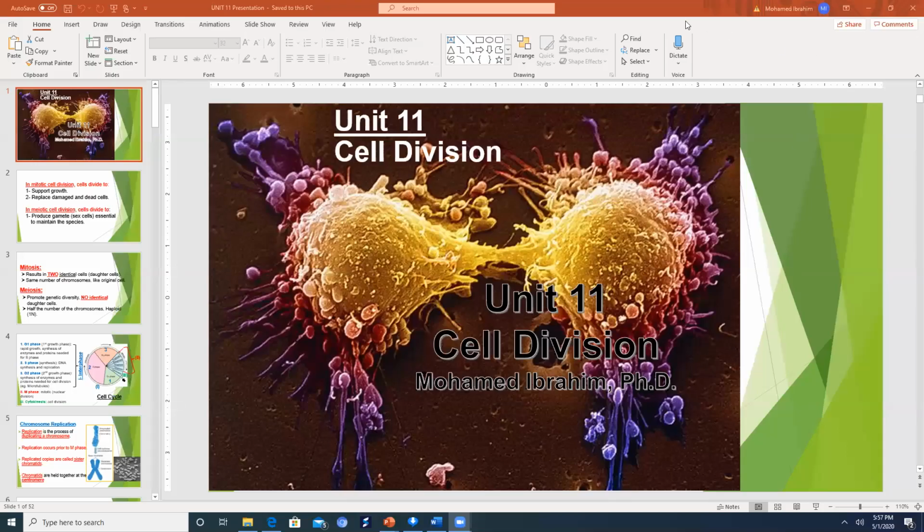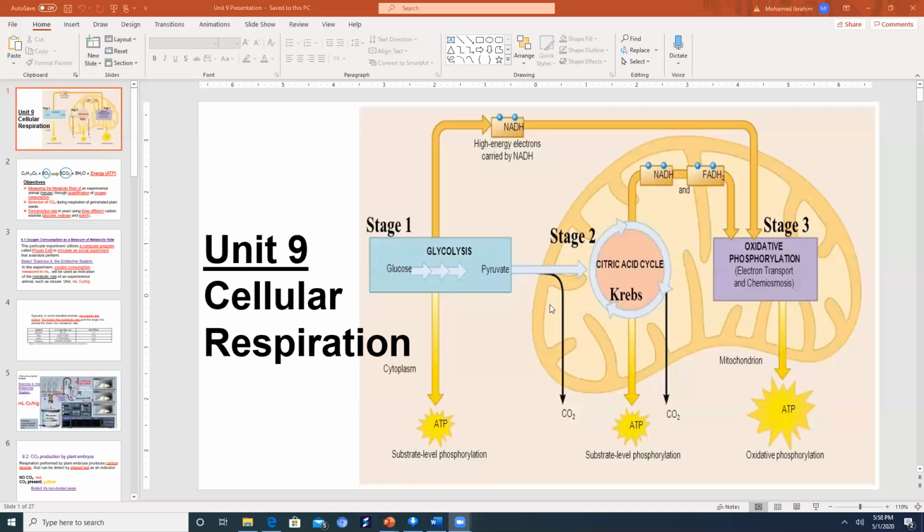Let's see, cellular respiration. All right, I was on Pearson, so let's go to that. Okay, so now I have the cell respiration unit. Can you see it on your screen?